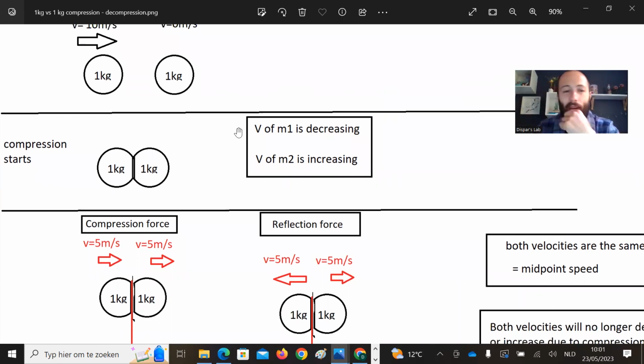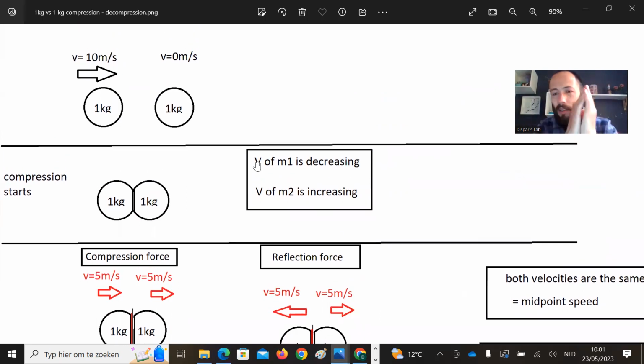The compression phase begins, and momentum is now being transferred. The velocity of mass one starts to decrease and the velocity of mass two starts to increase. The initial velocity was 10, and that will become 9.